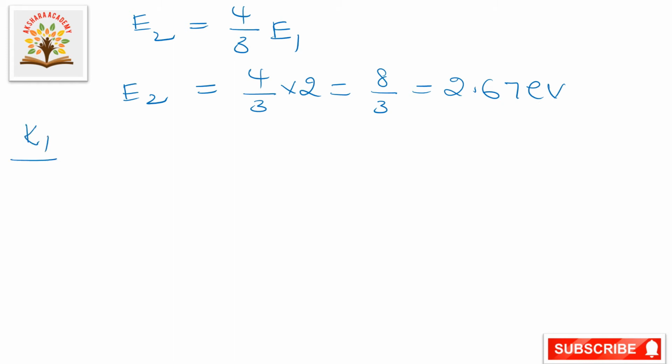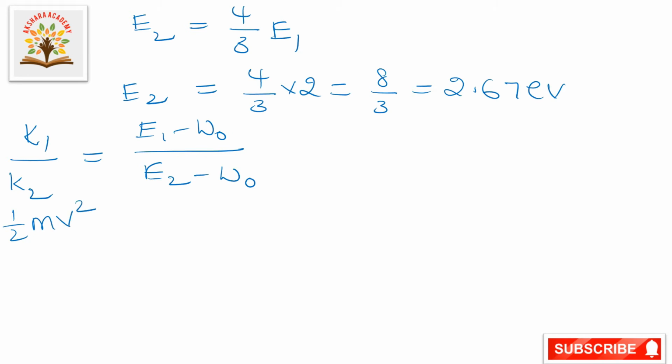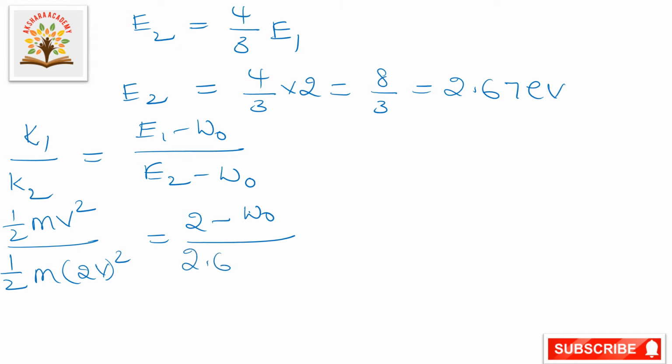Now K1 by K2 is equal to E1 minus work function W0 by E2 minus work function W0. K1 is nothing but half mv square, and K2 is nothing but half m into 2v square, that is equal to 2 minus work function W0 by E2 value 2.67 minus W naught.